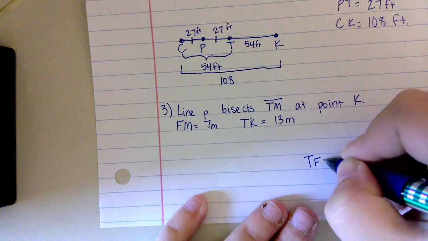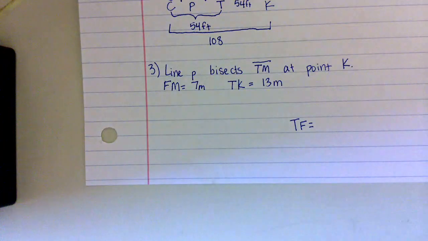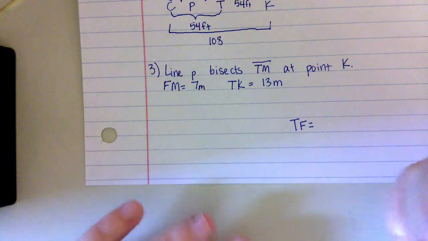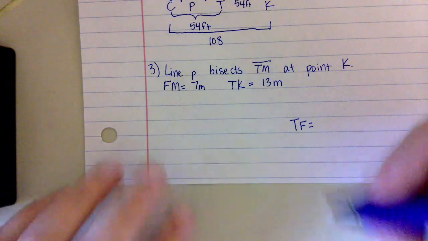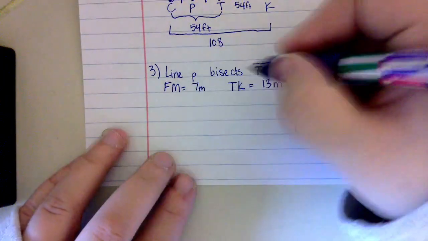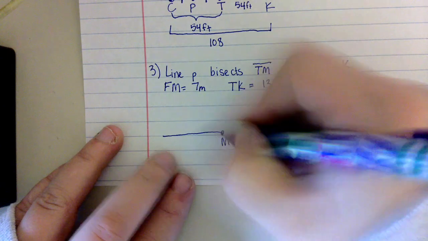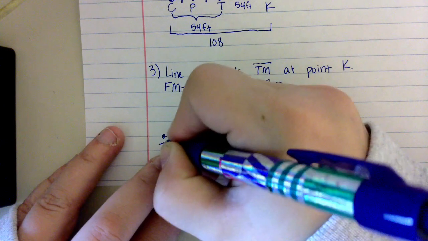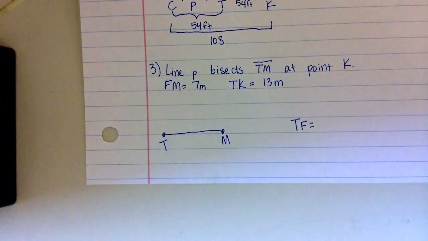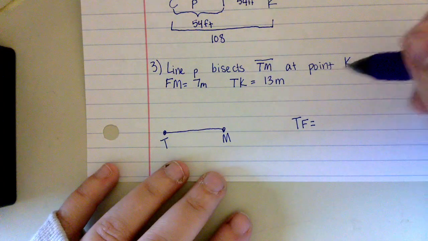So this one, there's not enough information from the word part of the problem. So this one you definitely would be getting a picture because you have no idea where F even is. So the picture looks like we have a segment to start off with, TM. And then there's a line that bisects it.